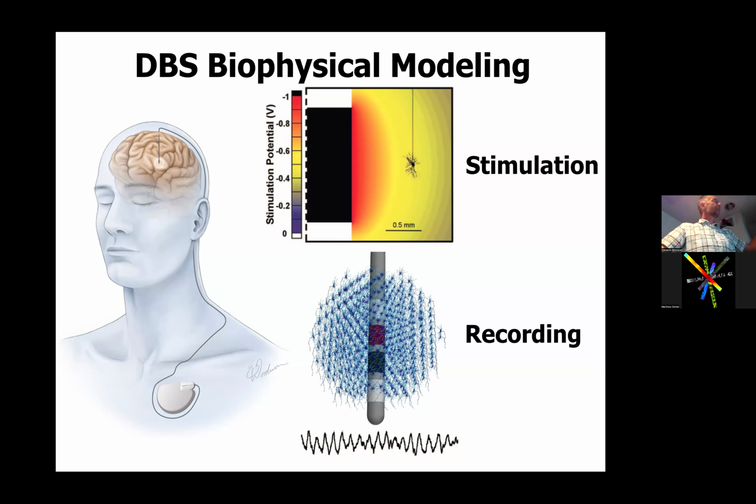And then the other side of the equation, and especially relevant now in the world of clinical deep brain stimulation, is the recording side. There are now many commercial clinical devices out there in the world doing local field potential recordings. We want to understand what is the biophysics of the neural firing that then leads to these local field potential recordings. So I'm going to try and give you a flavor of both of those things.